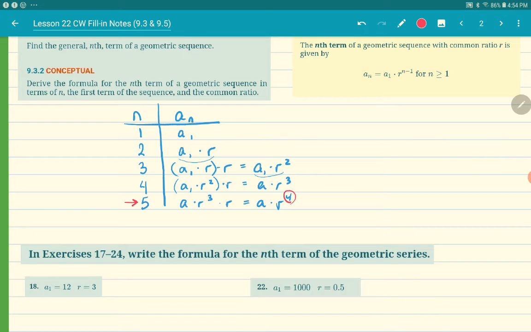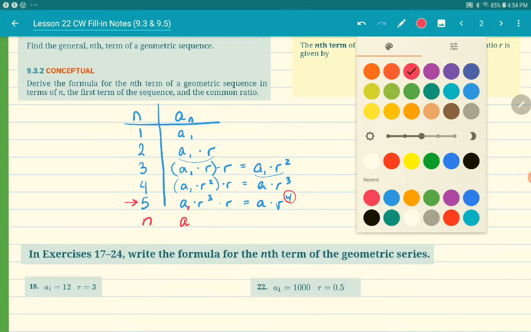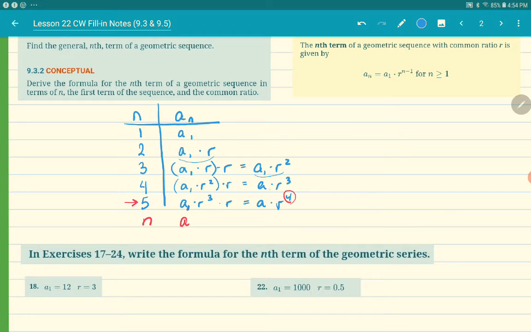The nth term is going to be equal to that. I should say this is a1, sorry. That should be a1. So I start with the first term, and multiply that by the ratio n minus 1 times. And then I can get any term. So that's this formula here.